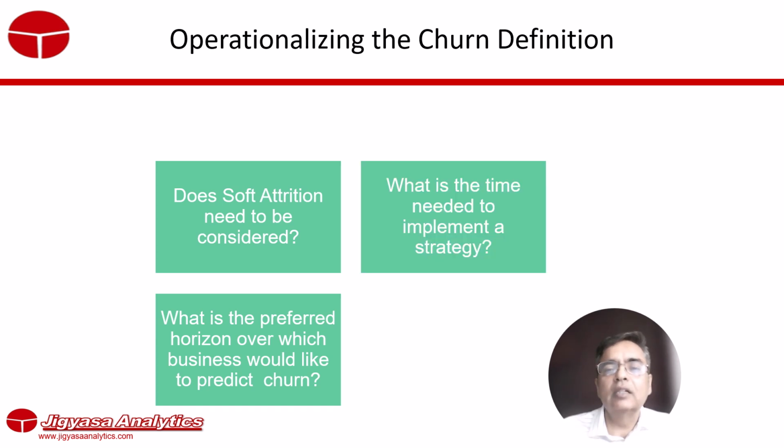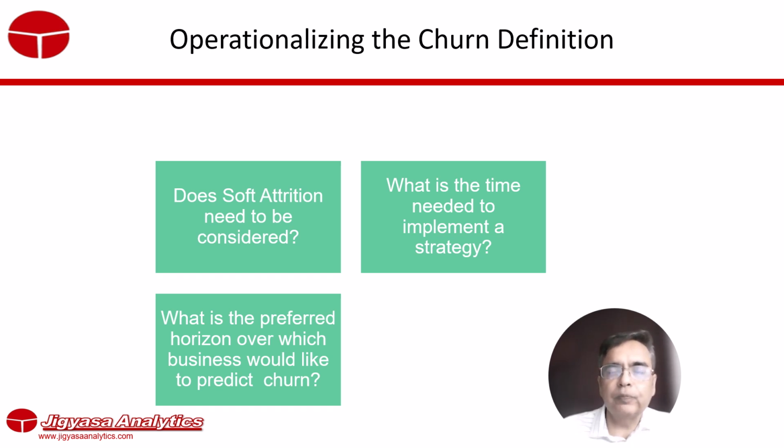And then what is the time needed to implement a strategy? See, you are doing this churn model because you want to understand who is likely to churn in the future. The future being defined as a time horizon. Why are you doing this? You're doing this so that you can take some preventive action and prevent the churn. And so the question becomes, how much time do you need to put a strategy together and implement it for this customer?